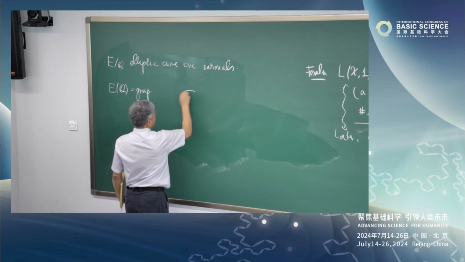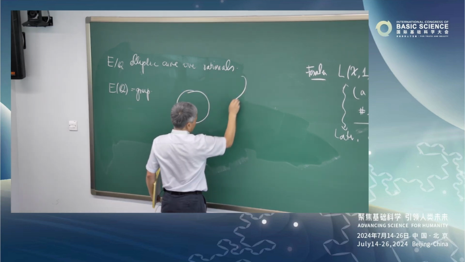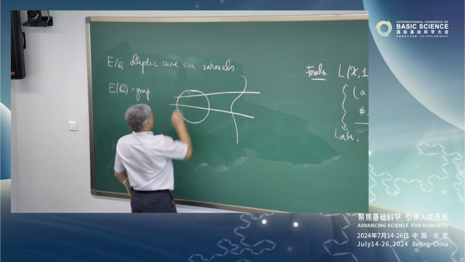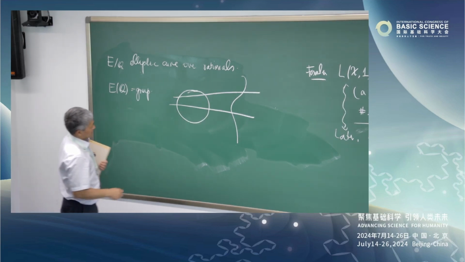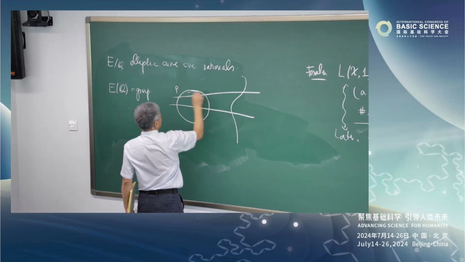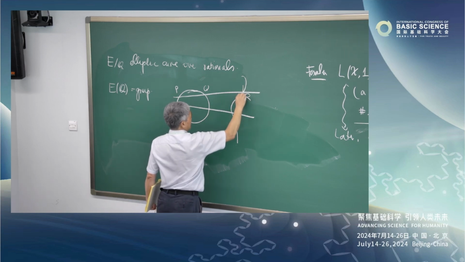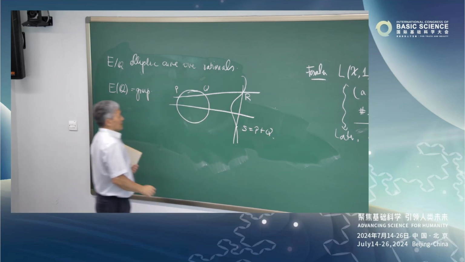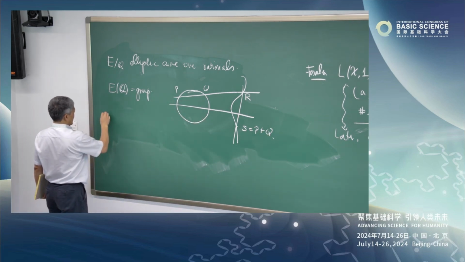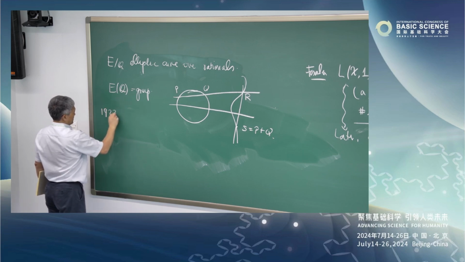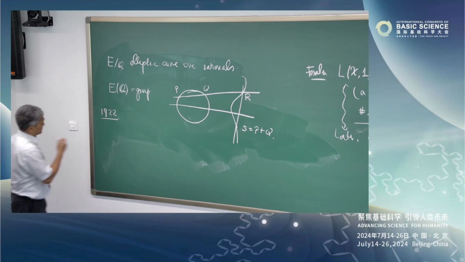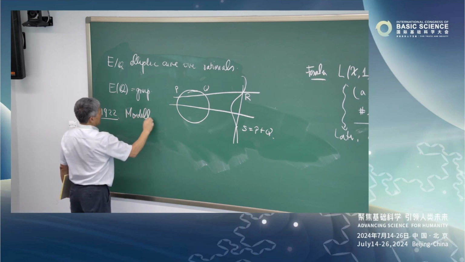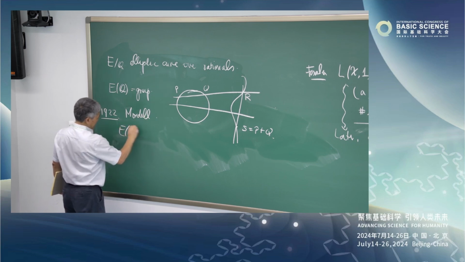This is known to Poincaré, at least formally written in the beginning of the century, probably much earlier. You have a P and a Q and an R here. About more than 100 years ago, Mordell proved that E(Q) is finitely generated.